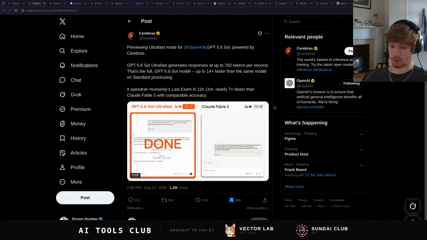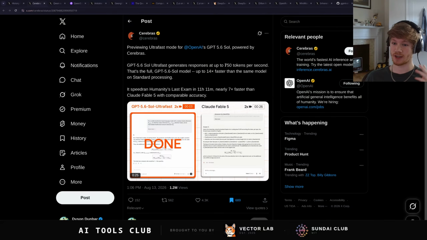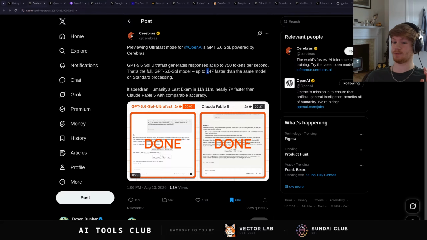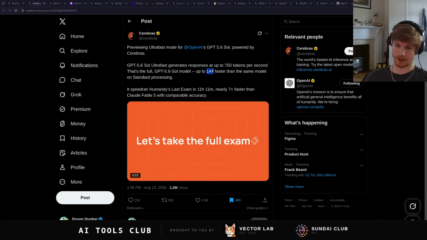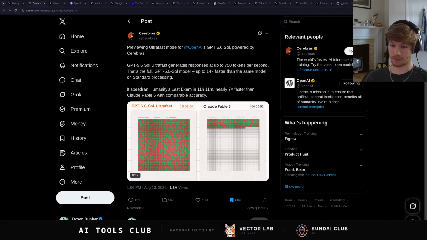They apparently have been able to get GPT 5.6 Sol up on their own custom inference engine on their custom chips. Now it runs 14 times faster than what you get in the regular Codex default plan. So 750 tokens per second. You can imagine for these super long horizon tasks how important and useful this would be.